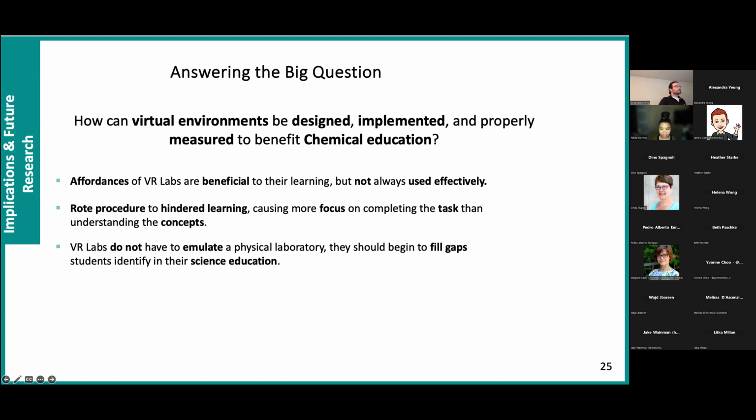If we are not intentional in the design phase, if it's not grounded in literature or theoretical frameworks on how people learn, when you measure the outcomes, you really don't know what you're getting because it was never designed with that in mind.